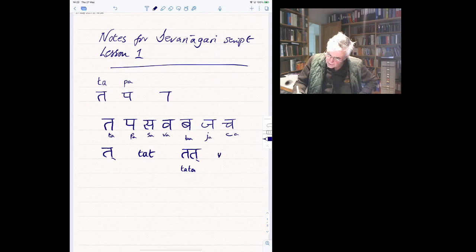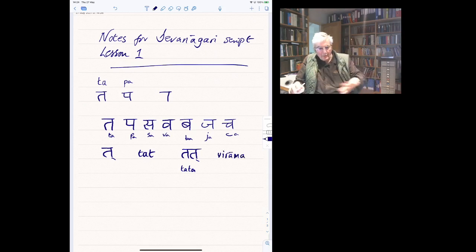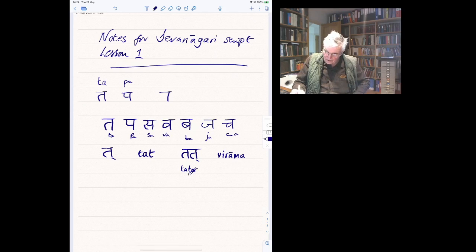Virama, by the way, is written like this. It means stopping or pausing. So that now that I've written is that.